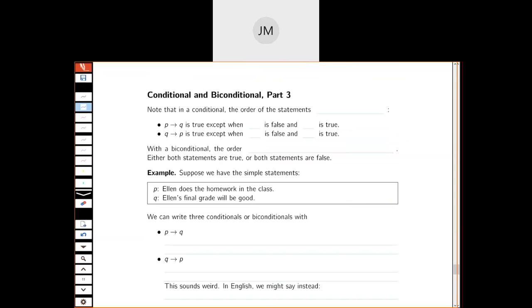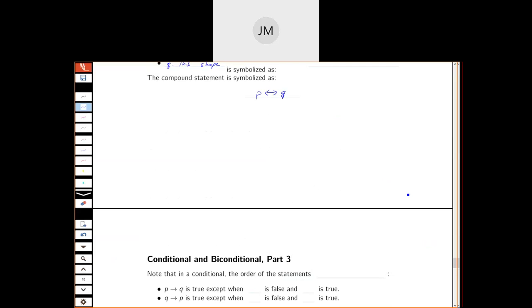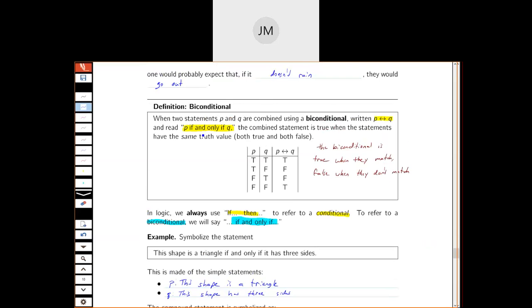All right. So that means that when we're looking at the conditional, the order of the statements matters. The symbol for the biconditional is this double arrow.